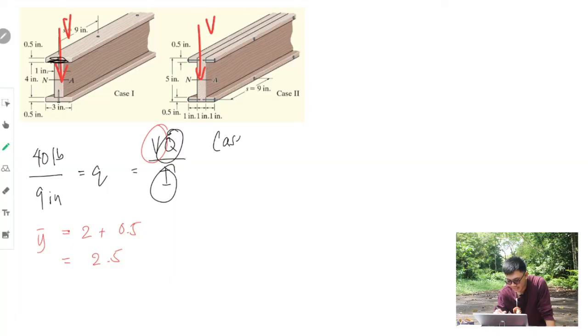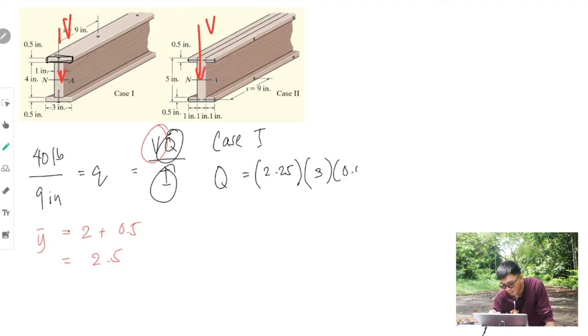So let's go to our first case. Case 1. The Q in our case 1 is of course this one. So that is the area we consider, and the Y is the distance from the center of the area to the neutral axis, which is 2.25, multiplied by the area, which is 3 times 0.5.